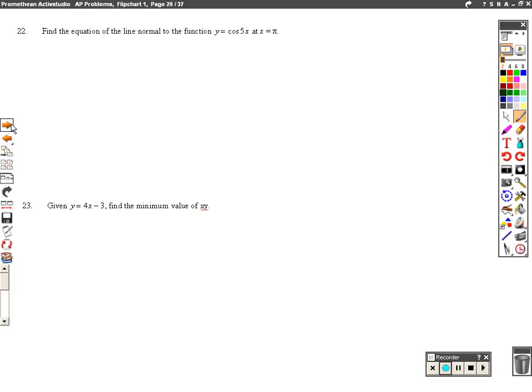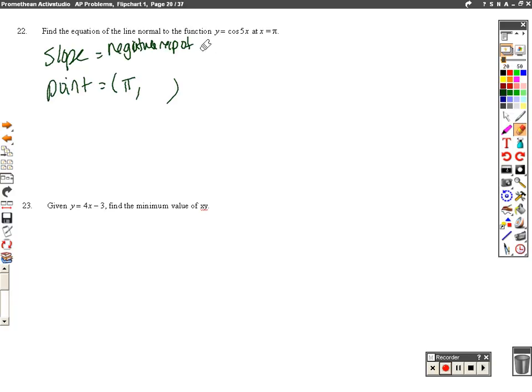Number 23, equation of a line normal to a function. Okay, so normal to a function, once again, still a line, so we still need the slope, and we still need a point, of which we have this x value. The only deal with the slope is it's going to be the negative reciprocal of the slope, of the derivative, of y prime at x equals pi.